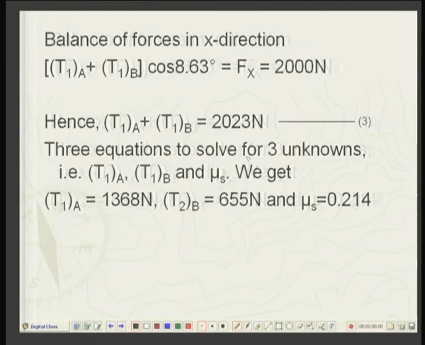And then since the horizontal force component at the bearings is known, we will take the components of the belt tensions in the horizontal direction. Each one, for example, on one side it will be T1A cosine of 8.63 degrees. On this other side also it will be T1B cosine of 8.63 degrees.